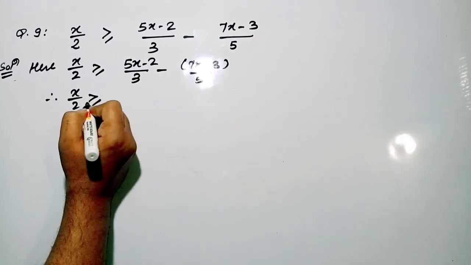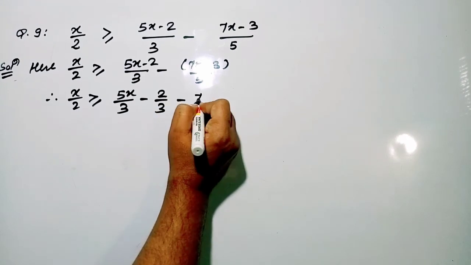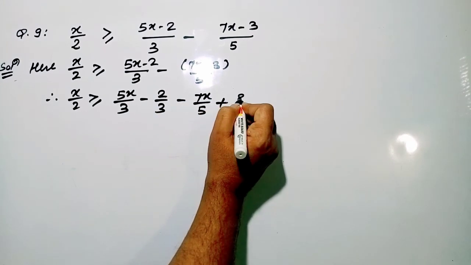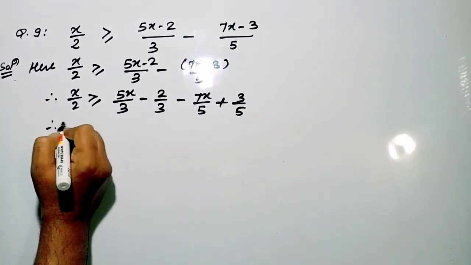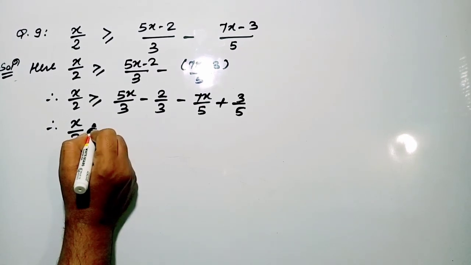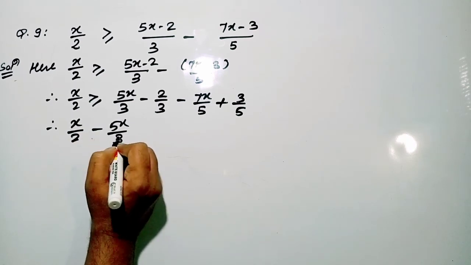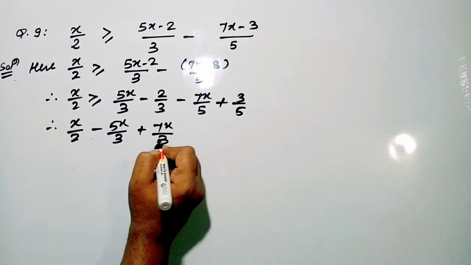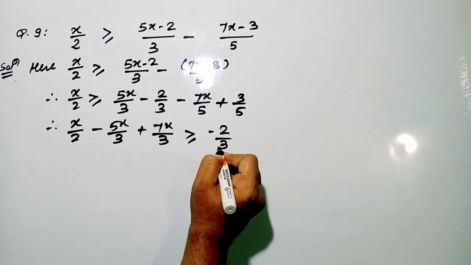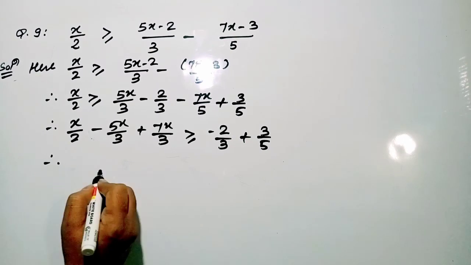Okay student. So first of all, separating the like terms over here, splitting the terms in this way. Now taking the LCM of like terms, separating the like terms: x/2 - 5x/3 + 7x/5 ≥ -2/3 + 3/5.